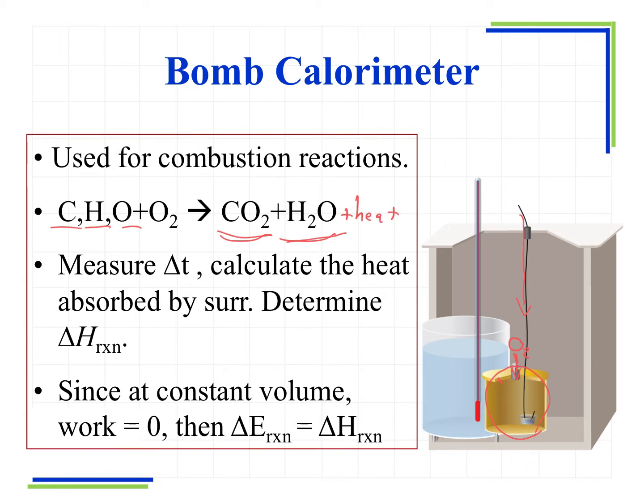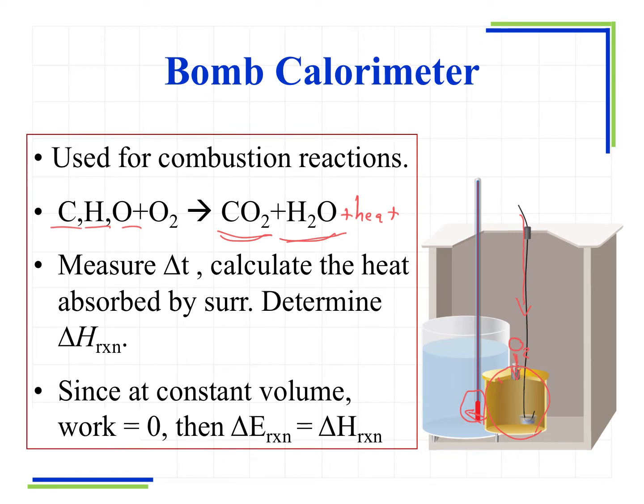When this warms up, it's going to warm up the surrounding, which is the water in here, and we're going to monitor the temperature with the thermometer, and that will tell us the delta T. So we can calculate the delta T of the surrounding, and then we can find a delta H.